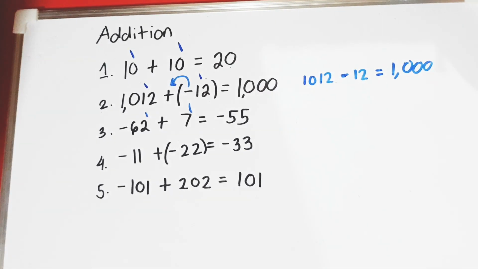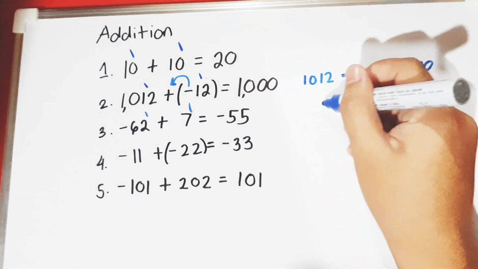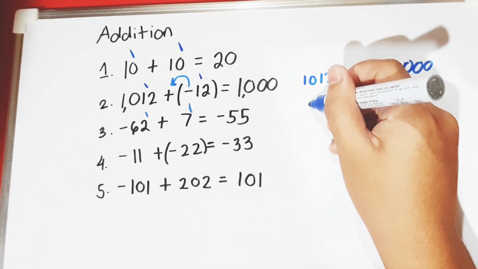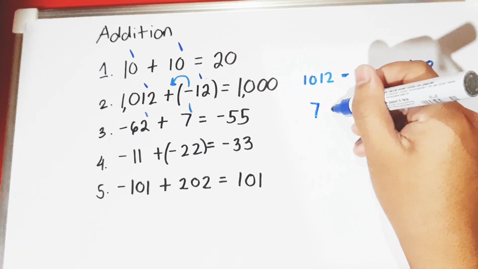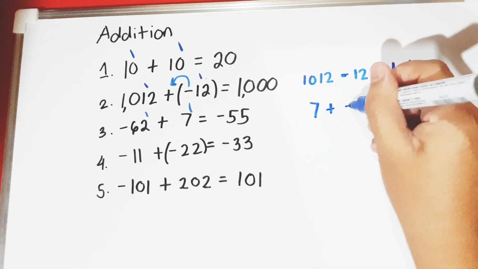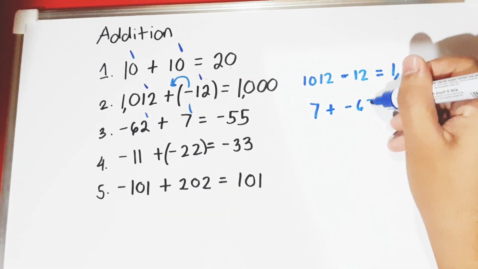Either way, if we rewrite this, it will be negative 7 plus negative 62.